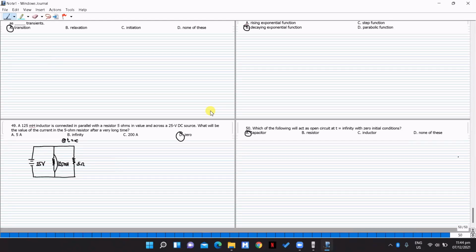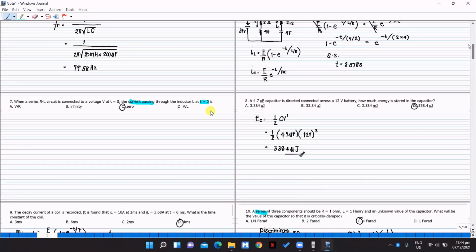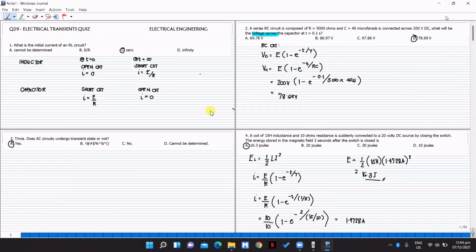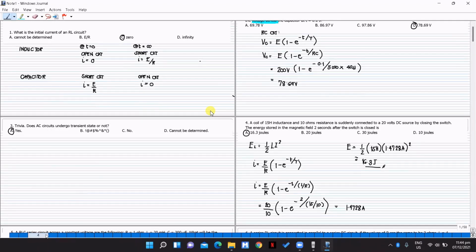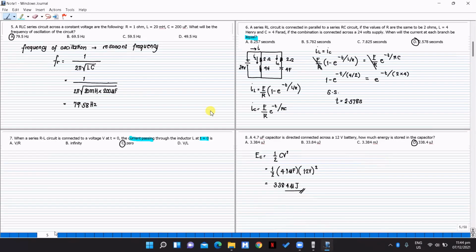Two pages. Okay. So start tayo ng number... Ayan. Give you 2 seconds. Five to 8.